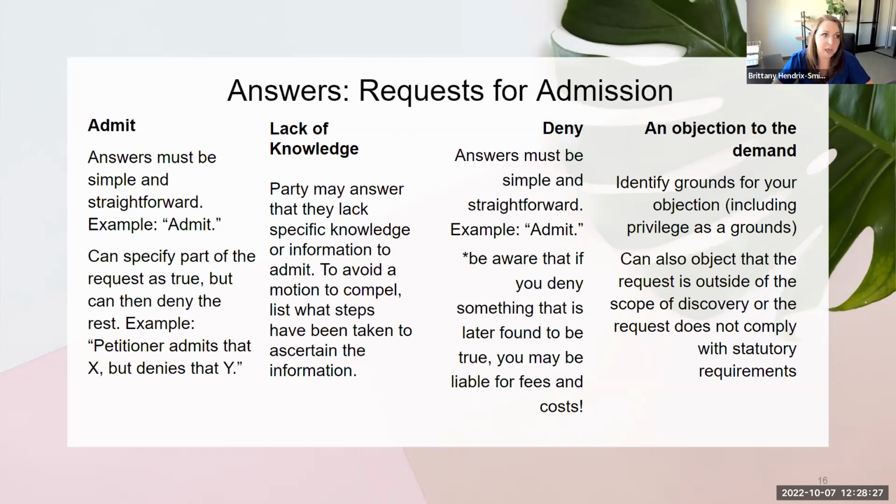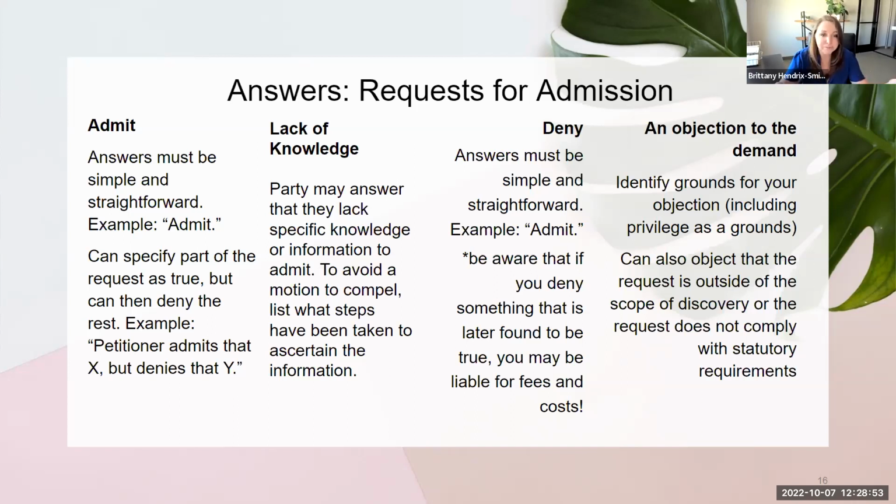You could say, hey, do you agree that you were 18 on this date when the bus hit you? And you could say, well, I agree that on that date the bus hit me, but I don't agree that I was 18. So you can have the partial admission and explain the parts where you agree and disagree. Sometimes people will just say deny when the entirety of the statement is not true.